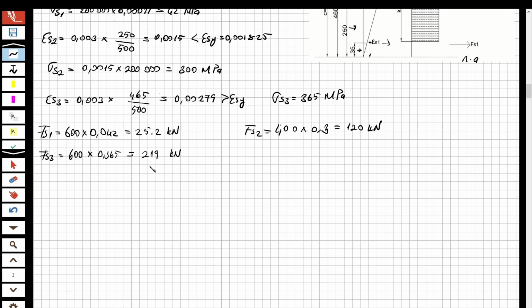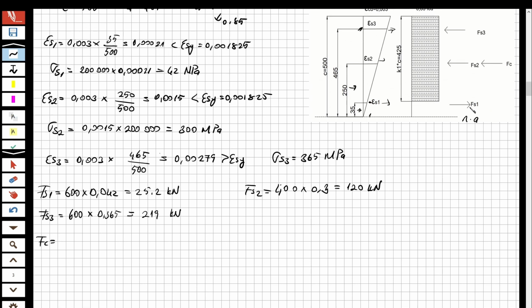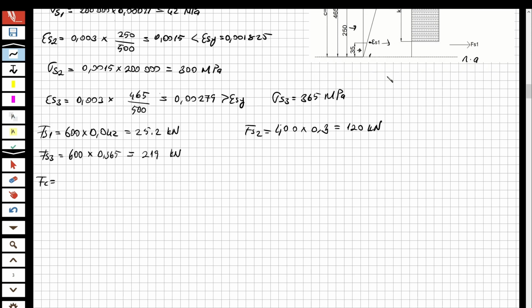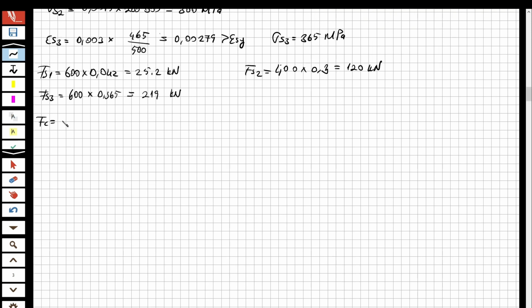Now we have these three forces. Let's calculate F concrete, because look here, we have F steel for the bottom steel, top steel, and mid steel, and also we have F concrete. If you remember, it is 0.85 multiplied by the design strength of concrete multiplied by b.